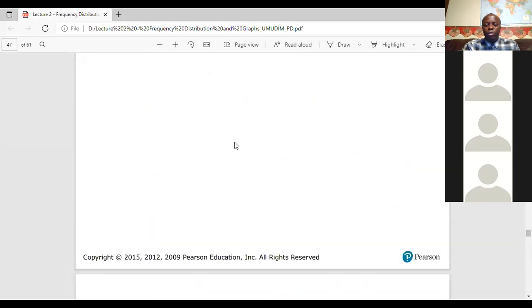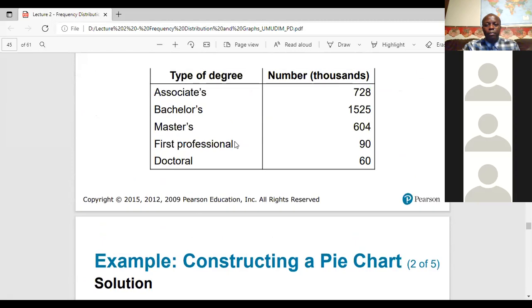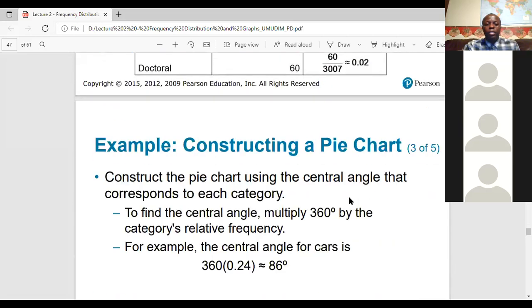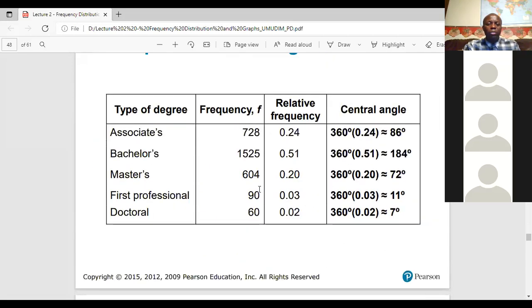If you remember, associate is 728 and bachelor's is 1525. You can see it right here. The ones we need to get are the frequency, relative frequency, and then the angle. The relative frequency represents the percent. The angle we use to get the size of each sector.